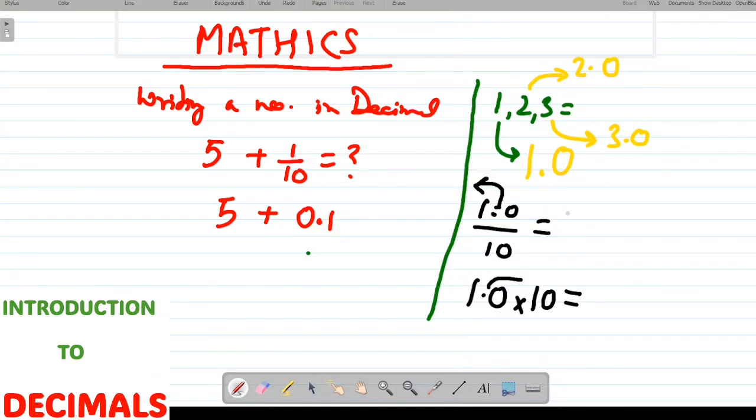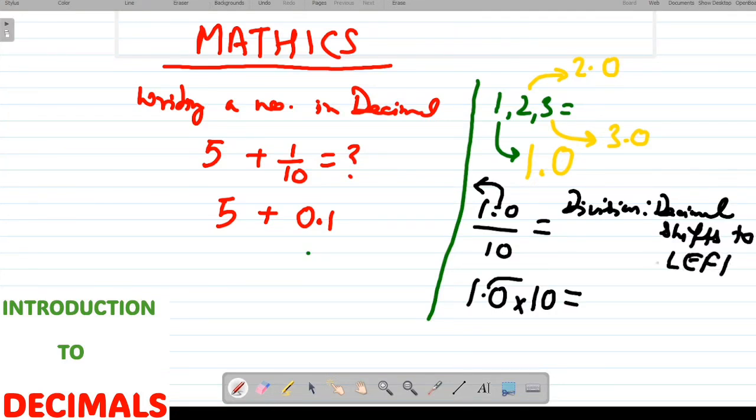So this is the case for division. When division is there, the decimal shifts towards left.